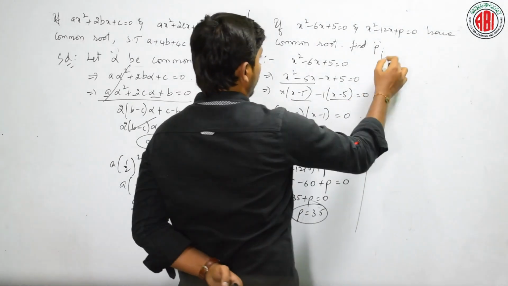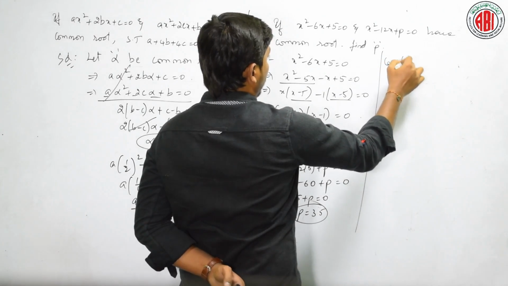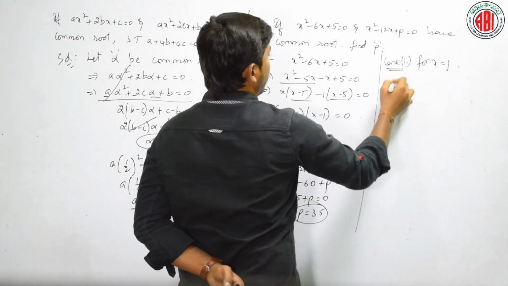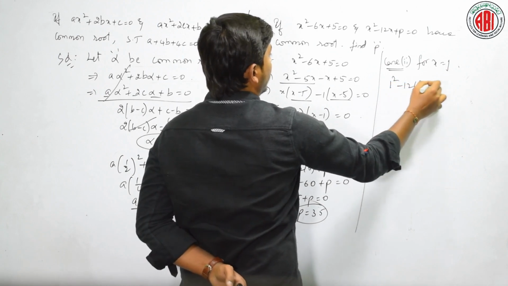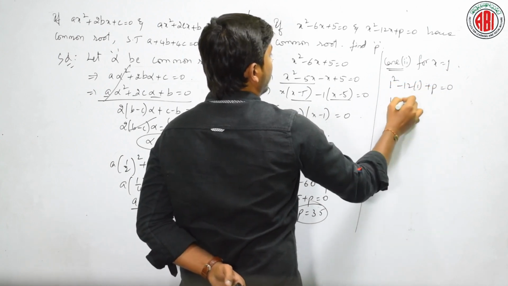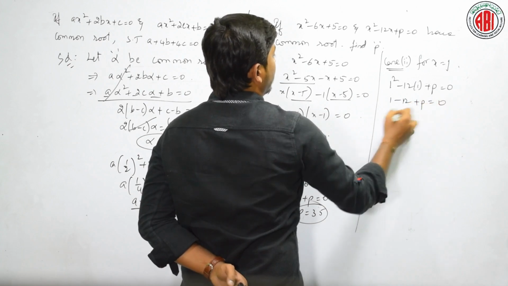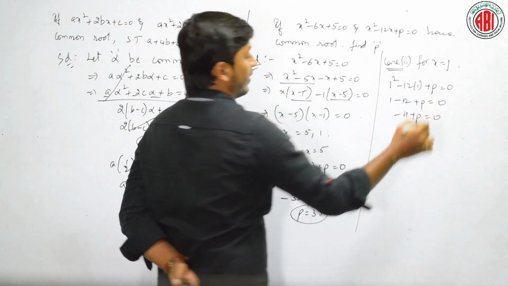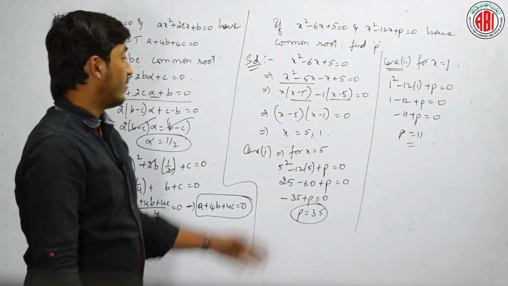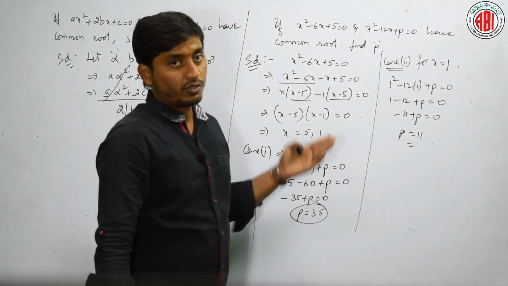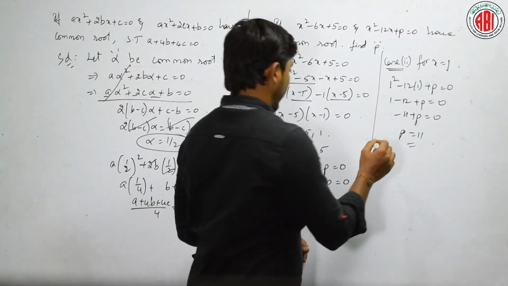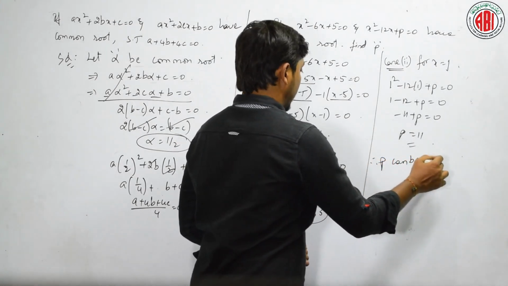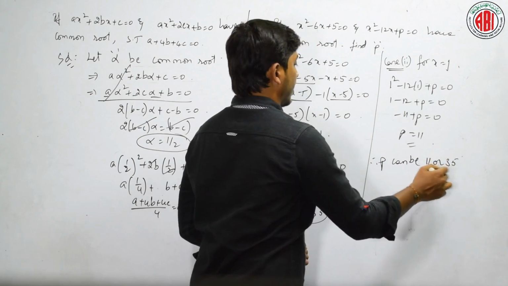Similarly, for case 2, x is equal to 1, let us substitute there. 1 minus 12 into 1 plus p equal to 0, that is 1 minus 12 plus p equal to 0, minus 11 plus p equal to 0. Therefore, p is 11. Okay. We do not know which is the common root among these two. So, I can directly write, therefore, p can be 11 or 35.